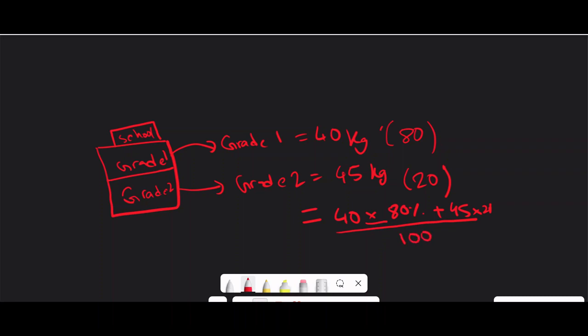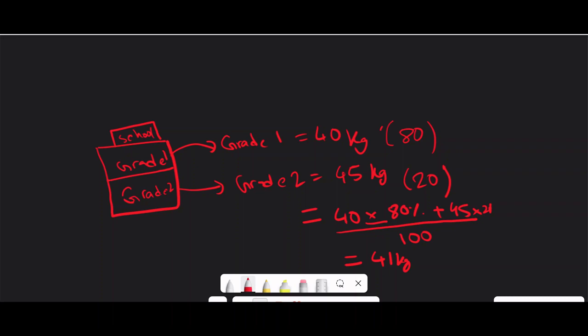So if we do that, we find out that the mass is actually 41 kilograms. Okay. So what does this mean? This means that the average weight of the school is actually closer to grade 1. And what is the reason behind that? The reason is because we have more grade 1 kids.